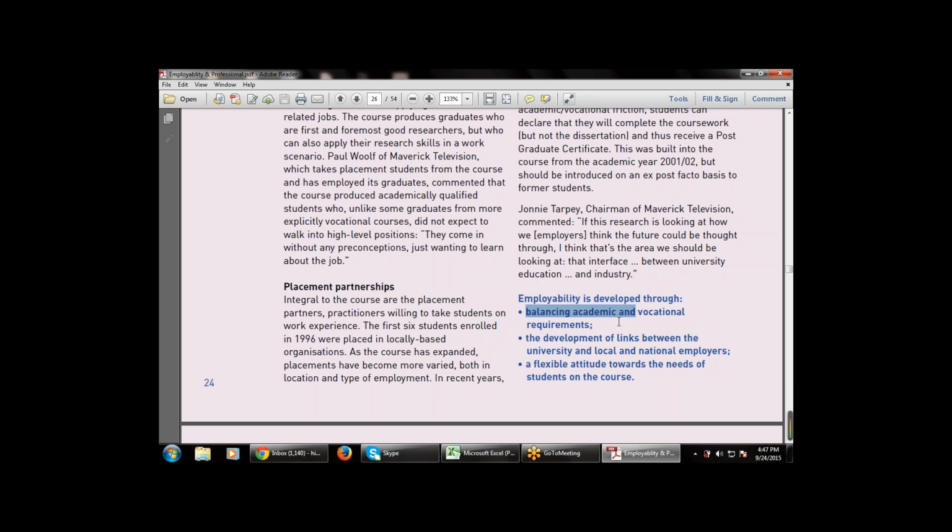The flexible attitude means the student must be aware of the course, aware of the partnership, and aware of the needs of the student on the course.